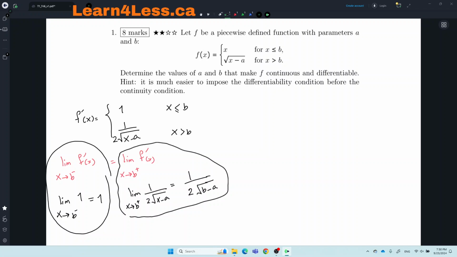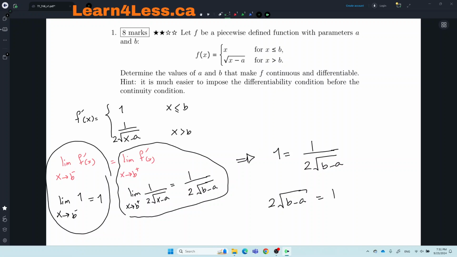So the left and right limits are the same. So basically 1 is equal to 1 over 2 root b minus a. We can rearrange it. Let's multiply both sides by this denominator, so we get 2 root b minus a is equal to 1.